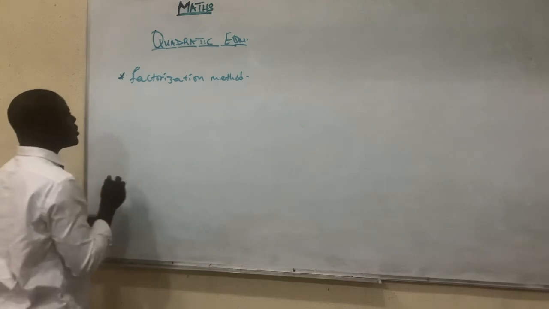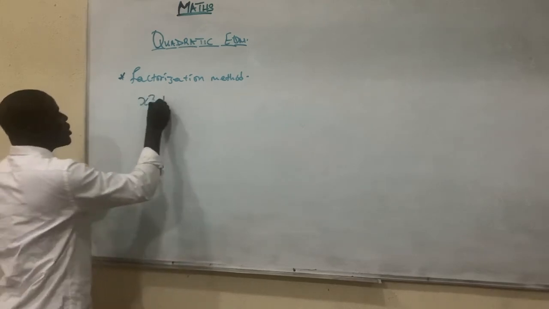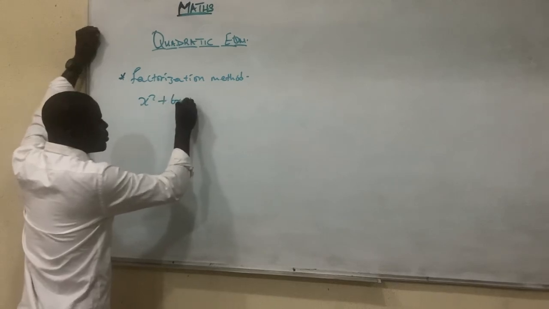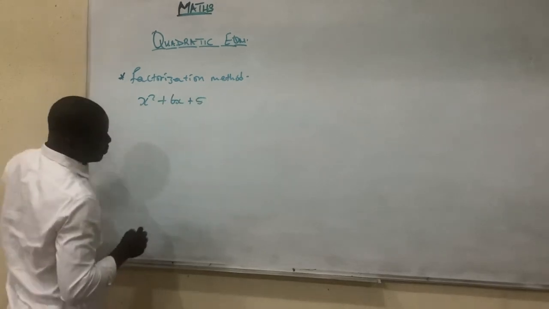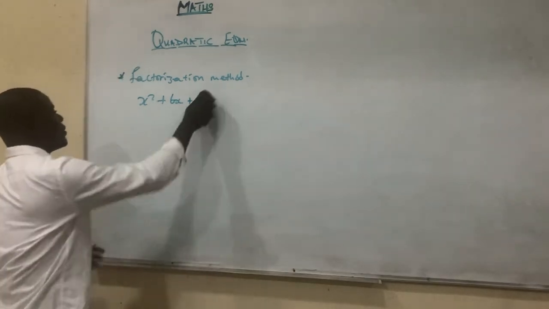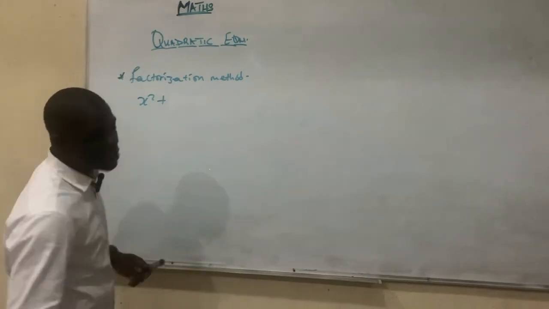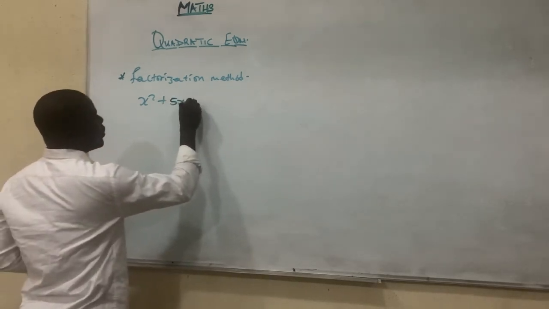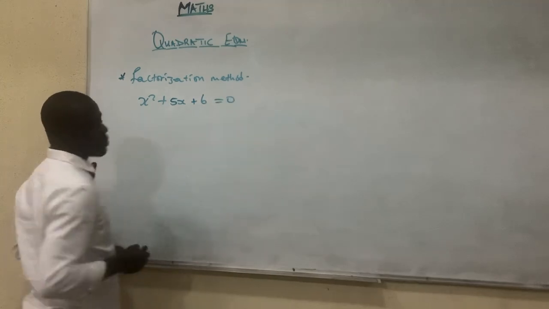Let's say we have x squared plus 5x plus 6 equal to 0.